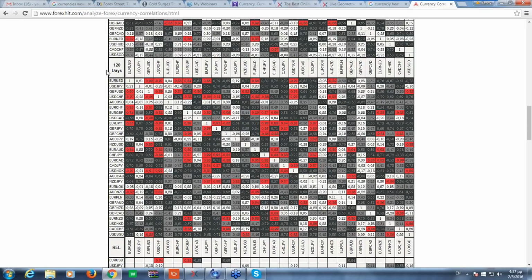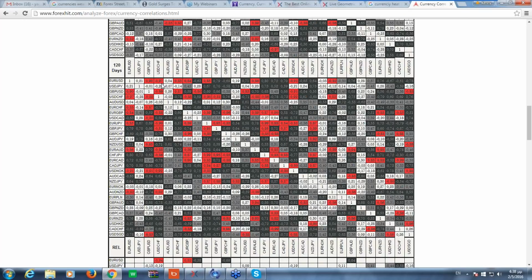Now if I go on to the 120 days one, what you do is you focus on the pairs on the left, all these pairs on the left. Okay, so for example, I would like to look at pairs that correlate highly, meaning the red ones here. Amongst the red ones, you choose the highest number that you can see. So for example, Euro USD, amongst the red ones, I have got 97% here.